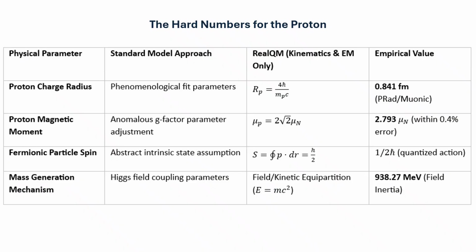The factor 2 and square root, I will explain, is really explained by this form factor, the fact that it's a 3D oscillation and that we have these orthogonal couplings between the two oscillatory planes. That yields the value of 2.793 times the nuclear magneton, and that's within 0.54% error.